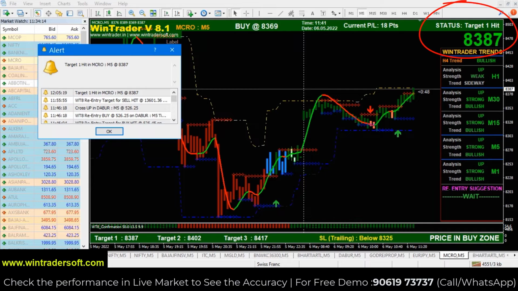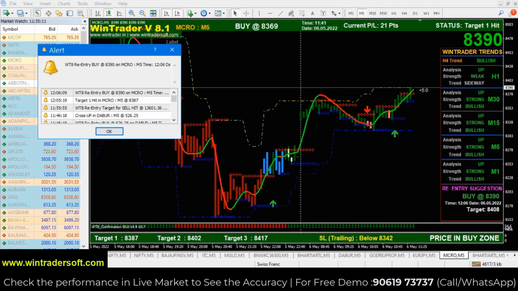So you can see our first target is achieved. That means we got entry at 8,369 and our first target was 8,387. It's already achieved. That means we already got 18 points.